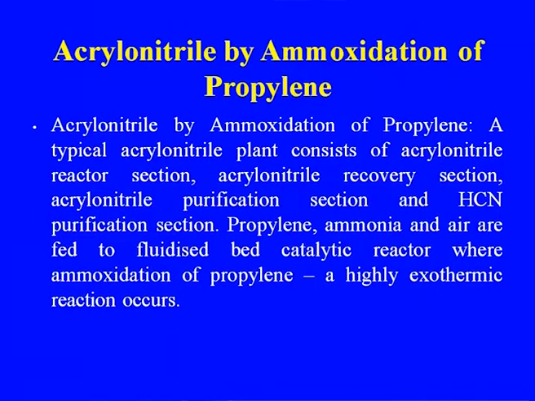Propylene, ammonia and air are fed to the fluidized bed catalytic reactor, with ammoxidation of the propylene taking place. Again, as I told you, the flow diagram and other details we will discuss while discussing the acrylic fiber.